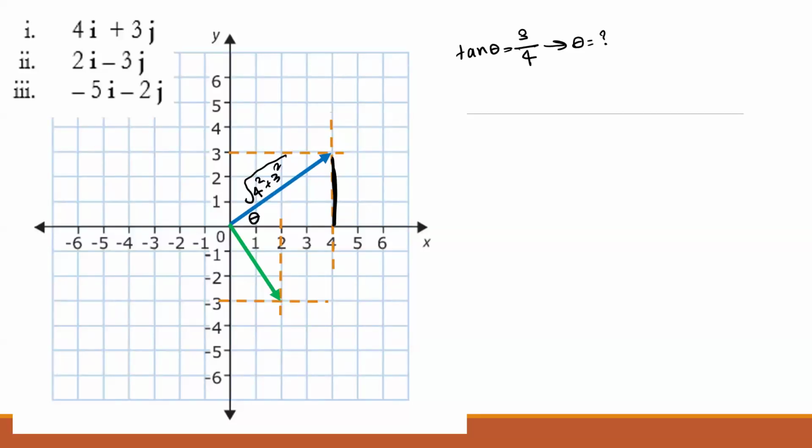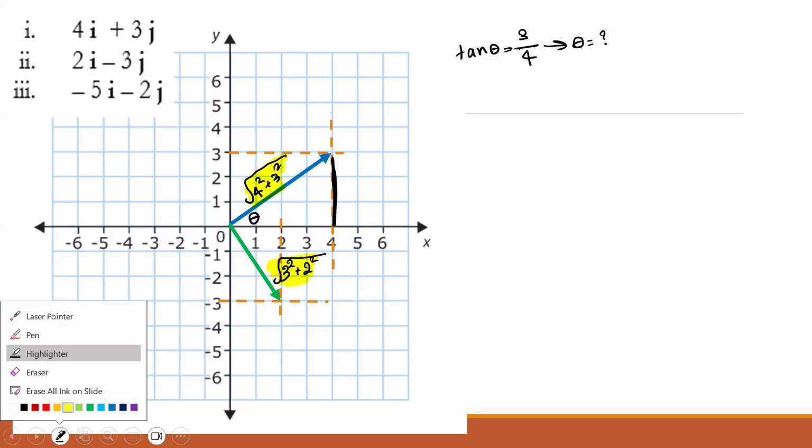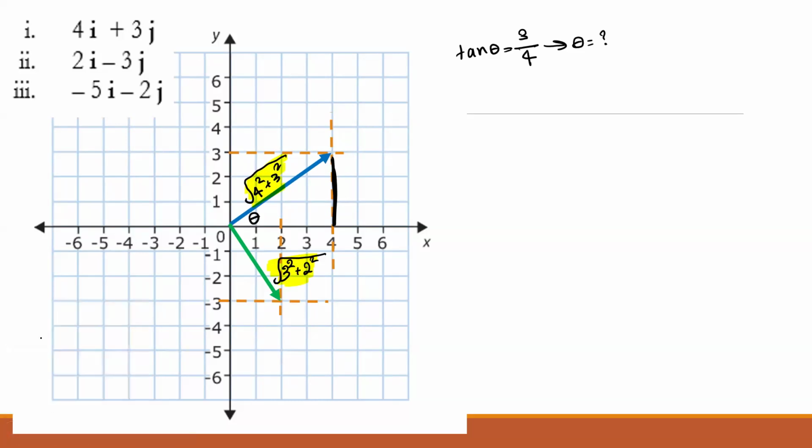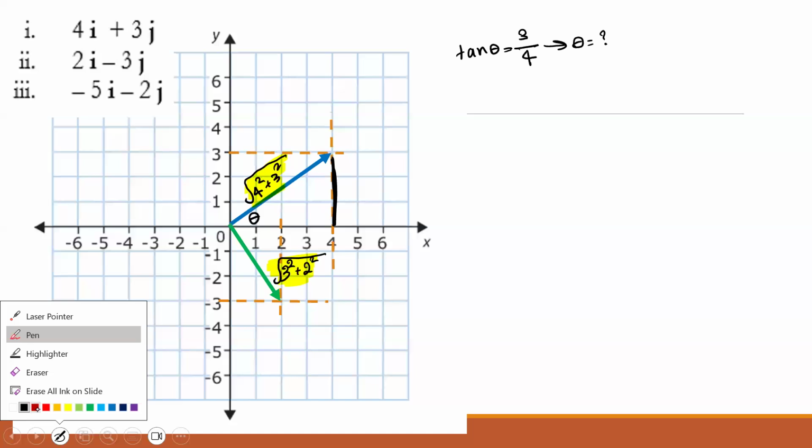We can find the magnitude of the vector using the Pythagoras theorem again. That will be the square root of 3 squared plus 2 squared. You can find the angle with either the x or y axis, it doesn't matter.